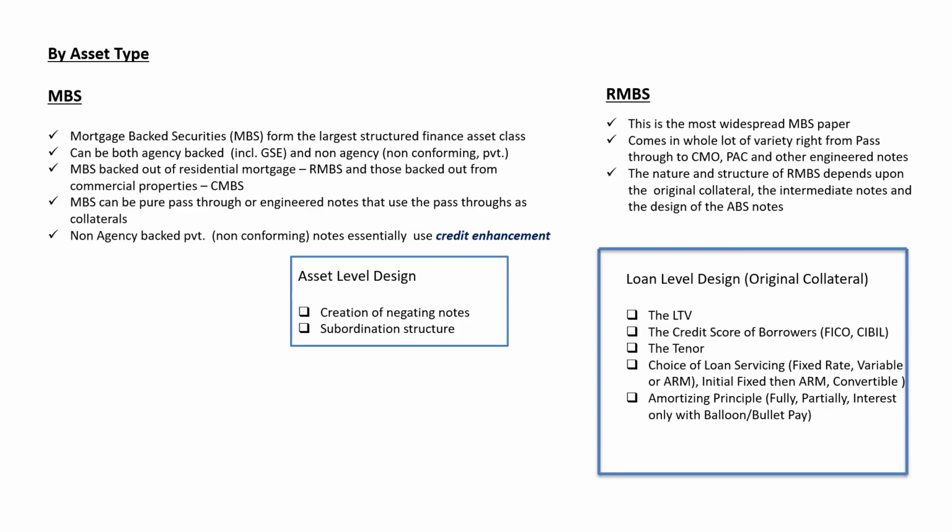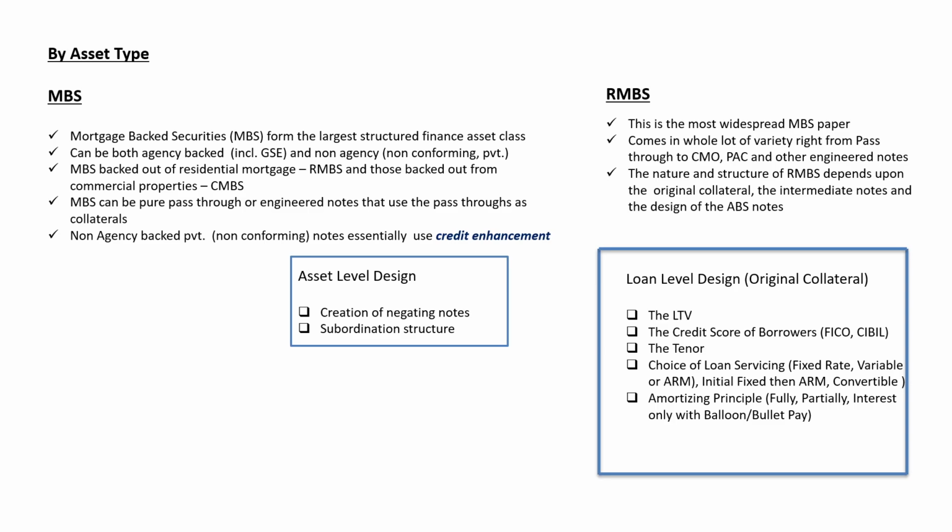Now, let's start with the asset class of the mortgage-backed security. As was discussed in the mortgage-backed security session, the mortgage-backed securities are further divided into residential mortgage-backed security and the commercial mortgage-backed securities. So the residential mortgage-backed security again forms the largest asset class of the mortgage-backed securities.